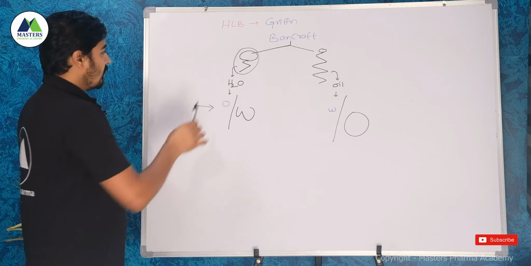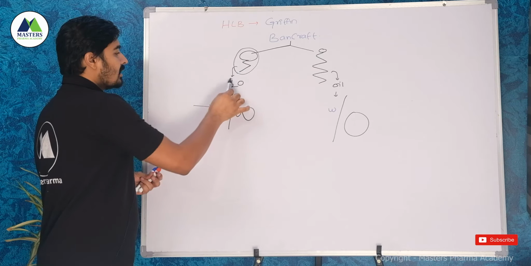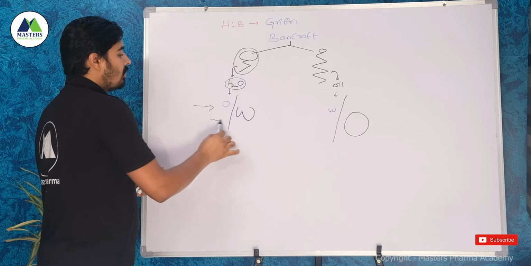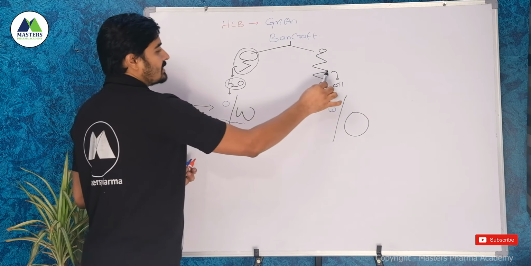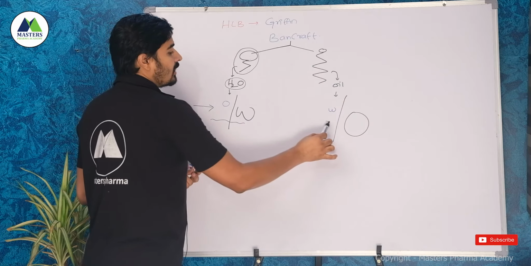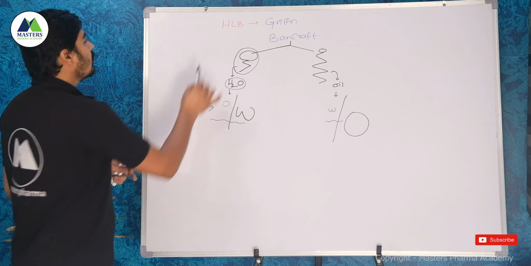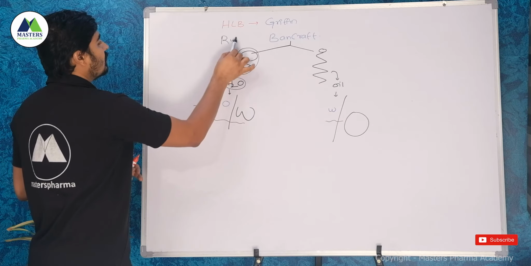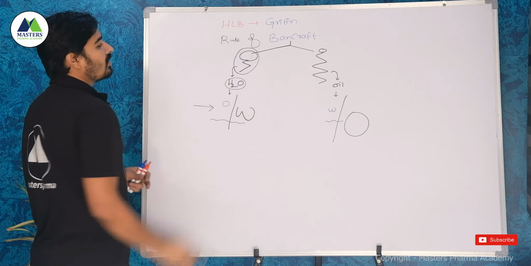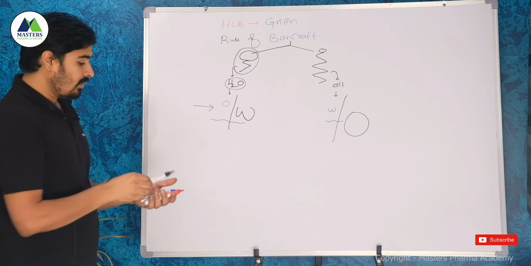So if the emulsifying agent is soluble in water, it can form O by W emulsion. If the emulsifying agent is soluble in oil, it can form a W by O kind of emulsion. So this is nothing but the rule of Bancroft. Who is Bancroft? Bancroft is the father of emulsions.